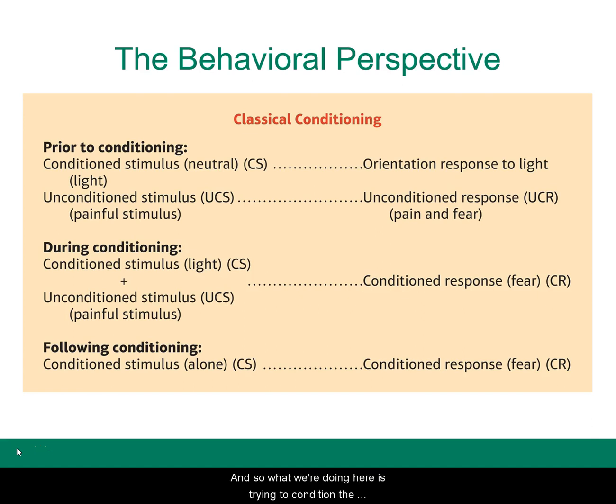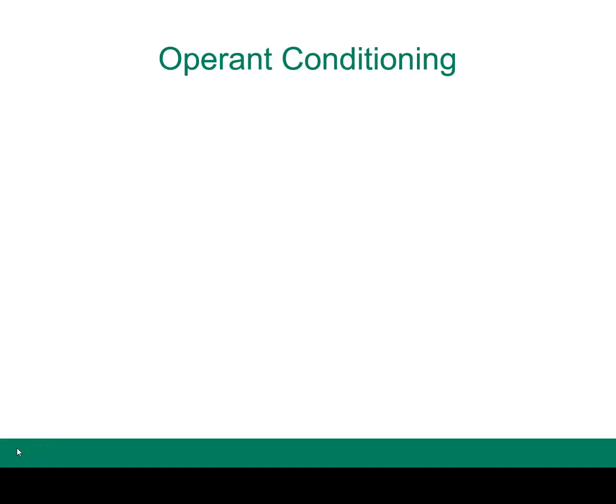What we're doing here is trying to condition the conditioned stimulus, which is the light, and pair that light with the painful stimulus. Once you pair the light and painful stimulus with fear over and over and over, now the light alone, the conditioned stimulus, will also cause fear. So that's our example of classical conditioning.